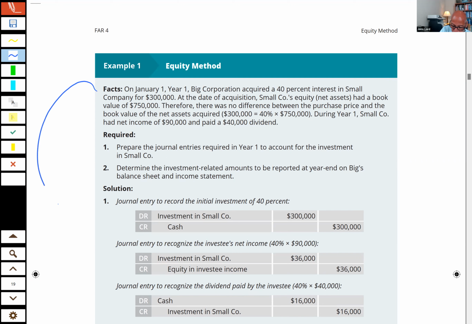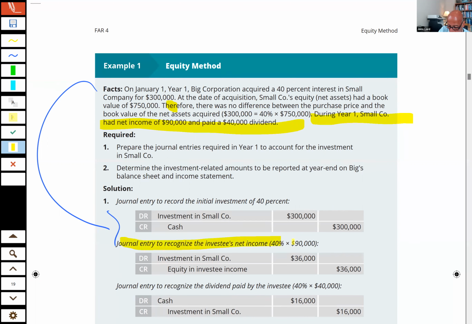When we buy the investment, we're going to debit the investment for $300,000 and credit the cash, right? Then they tell us that during year one, the small company had net income of 90,000 and dividends of 40,000.